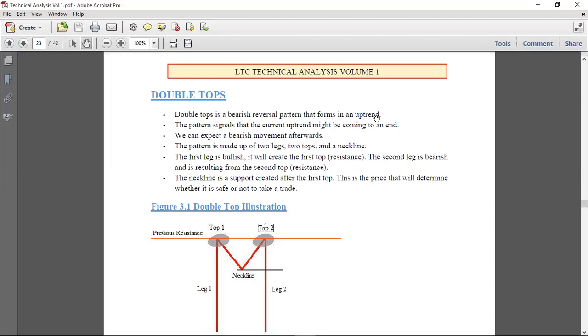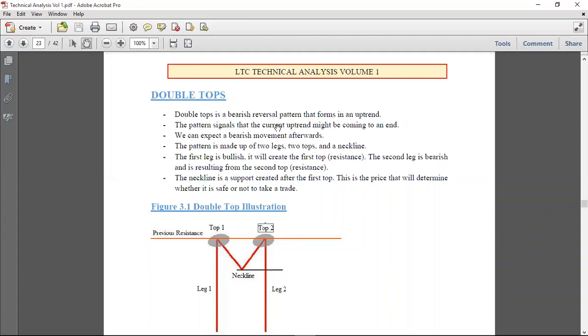Very important to note, it is a bearish reversal pattern, which means it's a pattern that will form when we are most likely to get a reversal that's going to go down. And it's important to note that it forms in an uptrend.